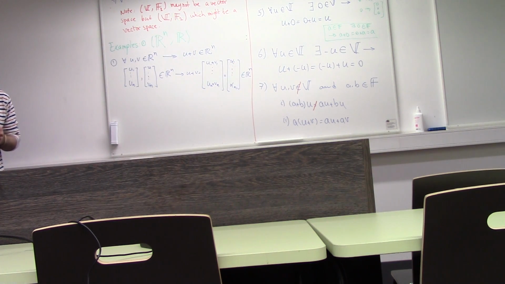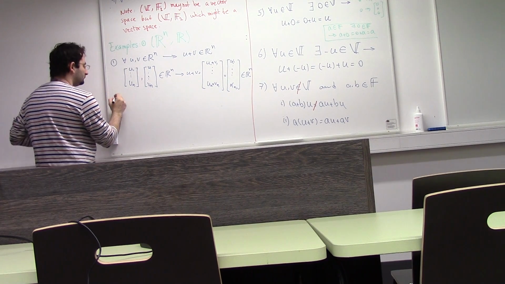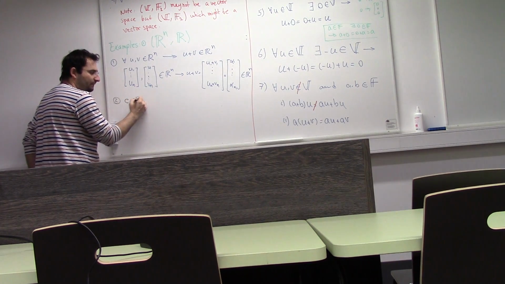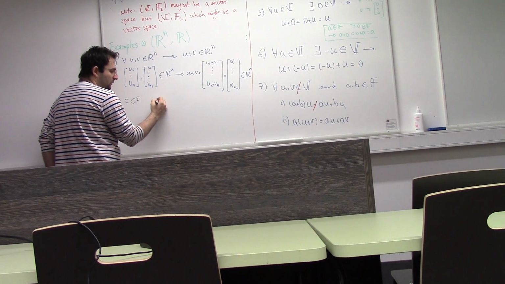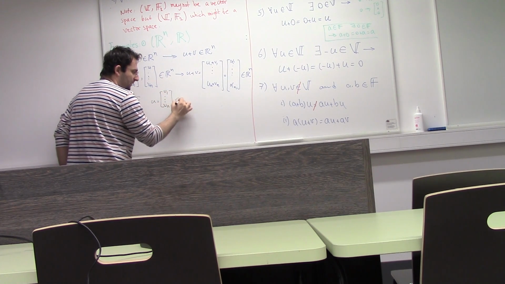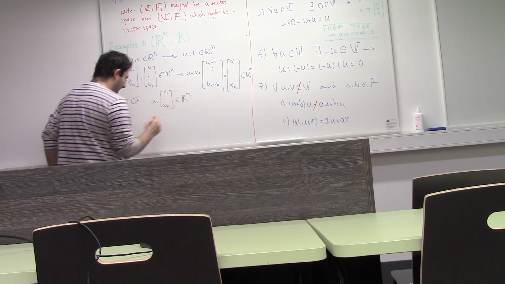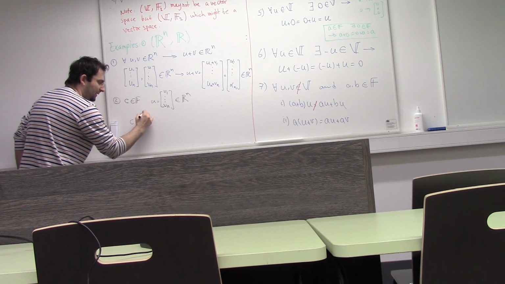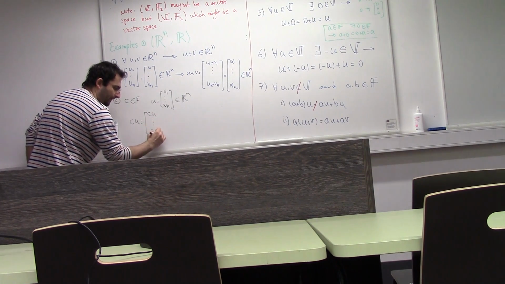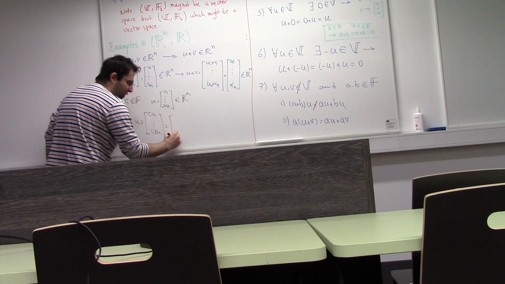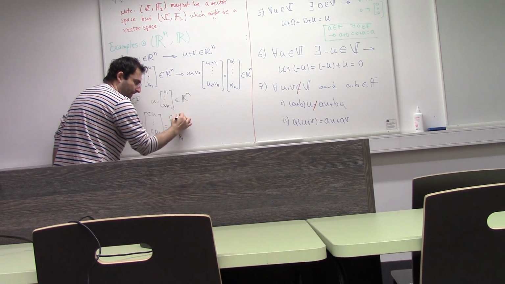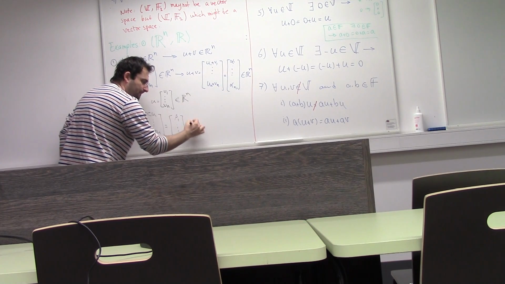First condition, okay. Second condition. Let's say that the constant c belongs to F, and U, which was U1 till Un, belongs to Rn. Then cU is cU1 till cUn, which is, again, call it beta 1 to beta n, which belongs to Rn.